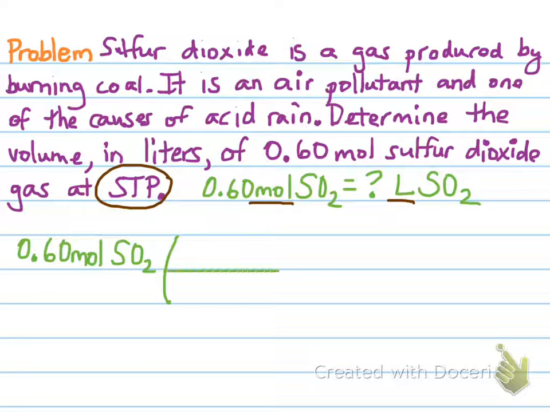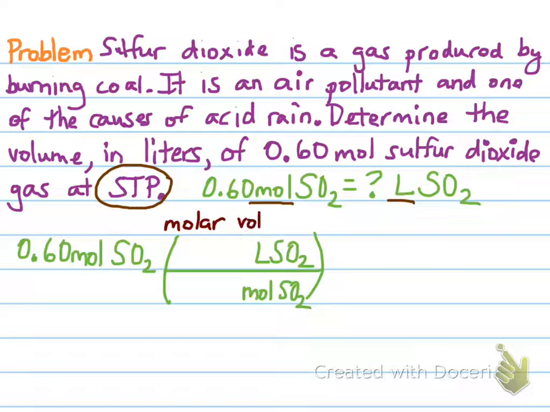Moles have to go on the bottom so that they cross out. Liters of SO2 are going to go on the top because, again, this is my molar volume tool that I'm using. Moles have crossed out. I'm left with liters, which is what I want.